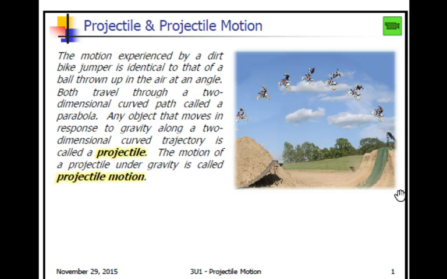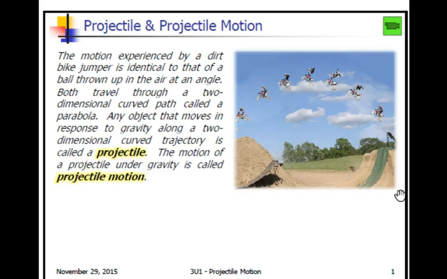Here we see a picture of a dirt biker jumping through the air, and if you notice that motion, it does look like a parabola, which makes sense because we learned when we were looking at position time graphs that when we have a parabolic position time graph, we have uniform acceleration, and when you're accelerating due to the Earth's gravitational field on the Earth's surface like we do, we would be having uniform acceleration due to gravity. And that's where projectile motion is analyzed.